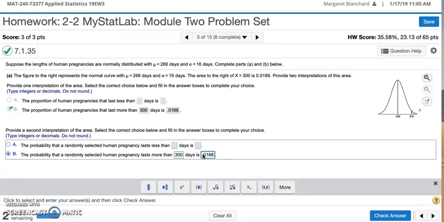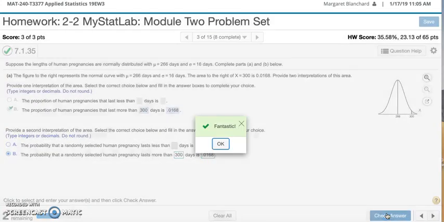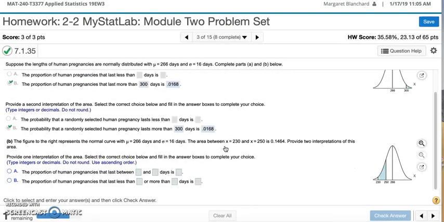So the proportion is a statistic of a sample that we already pulled. The probability uses that sample to say, well, we know that this just happened, so let's say now that the probability of that happening going forward is this. Check answer. Fantastic. If that distinction or connection between the probability and the proportion isn't clear, let me know. We can come up with some more ways to talk about it, but I hope that part's clear.